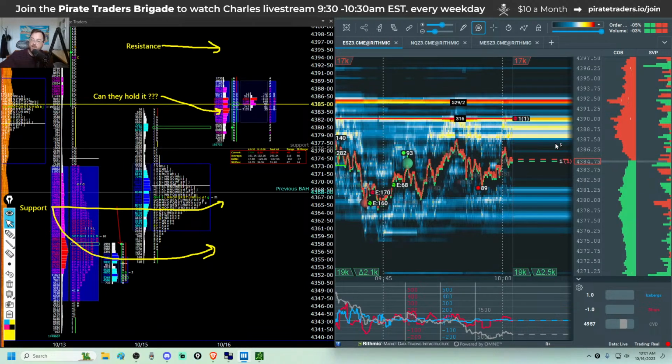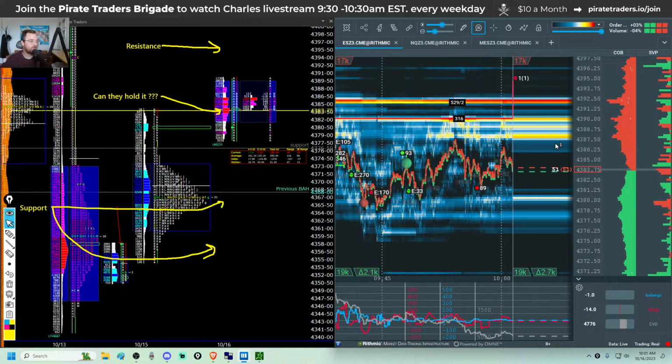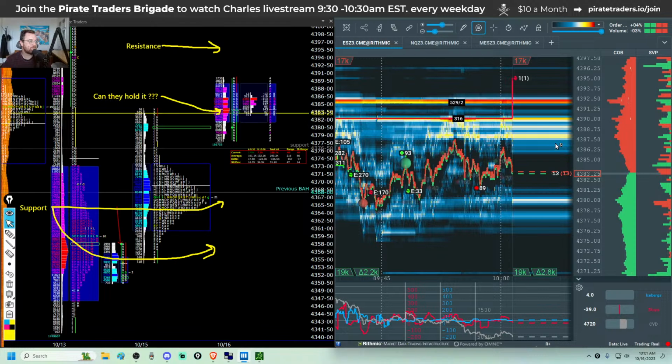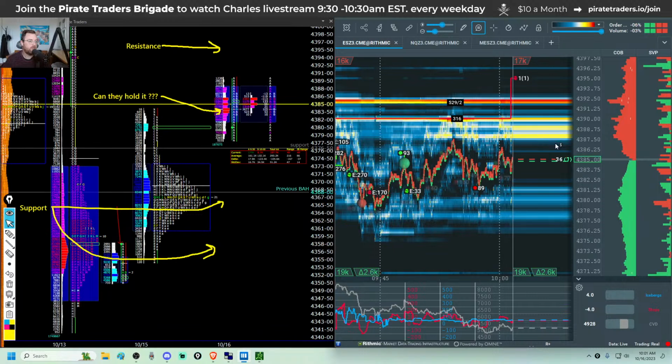This is what happens when the market is in balance, guys. Sometimes it just goes nowhere on important levels. It just grinds and grinds before it decides. They moved that iceberg up.